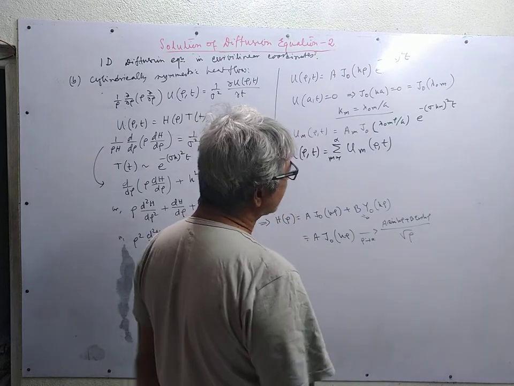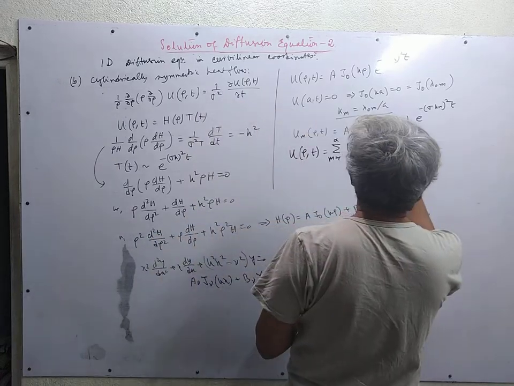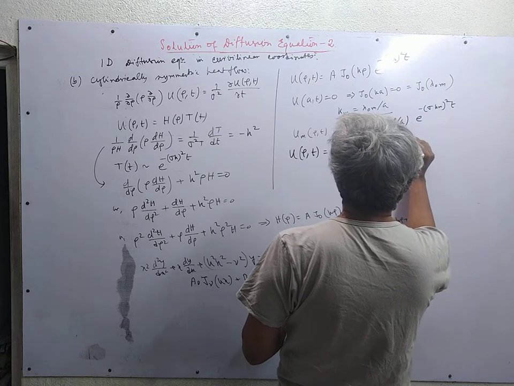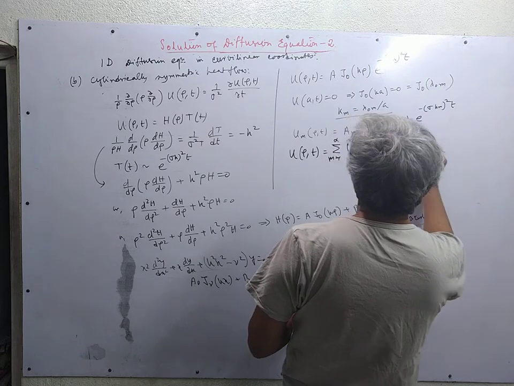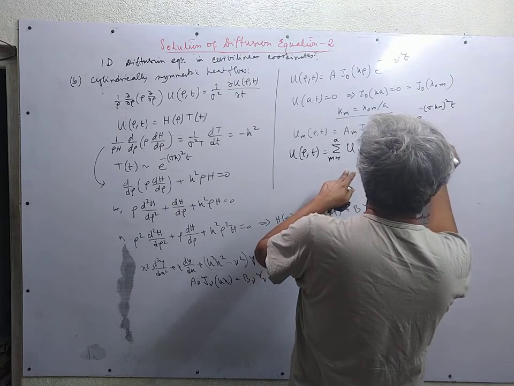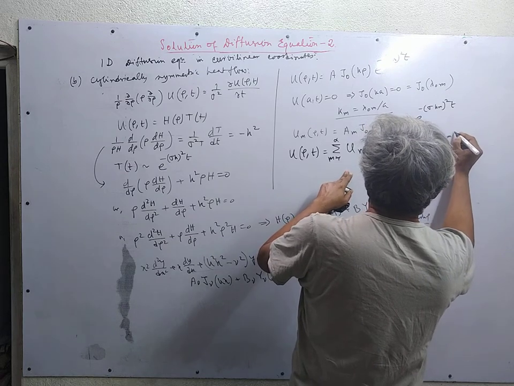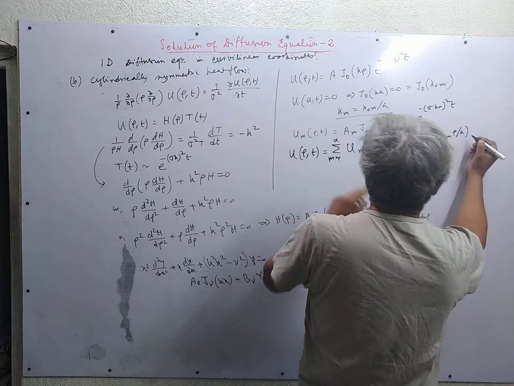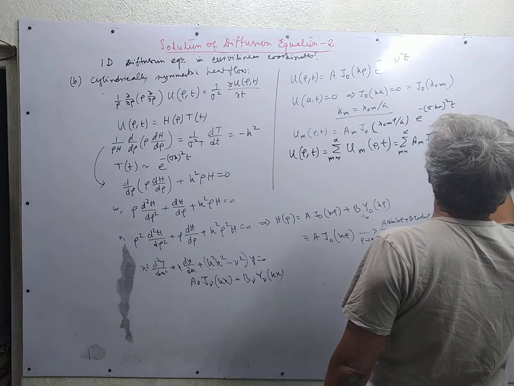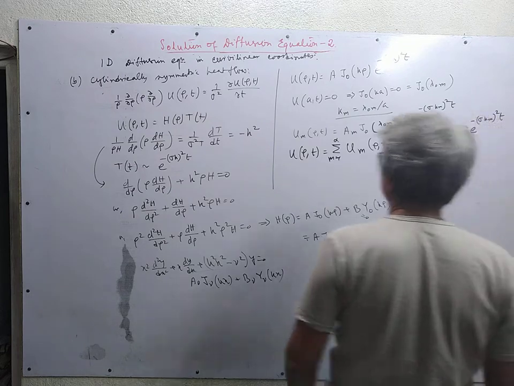Now we can impose the initial condition. Let me write it. This is m equal to 1 to infinity, because there are infinite number of zeros. So this is J0 of lambda 0m rho by a, e to the power minus sigma km squared t, the general solution.